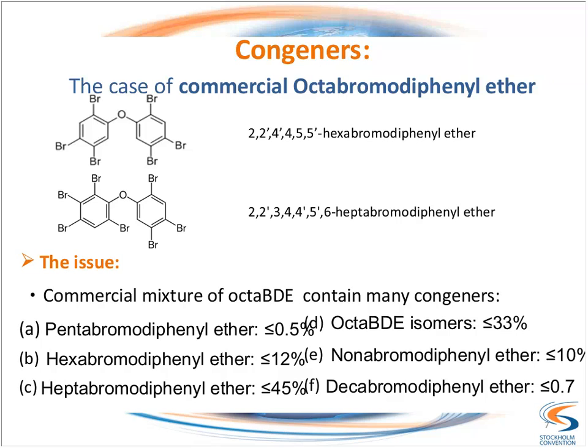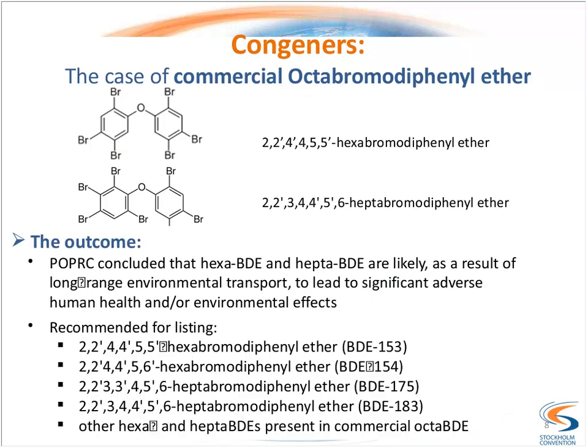You had to identify what were the POPs, and the outcome was that hexa and hepta are expected to be POPs, these congeners and all isomers of that.